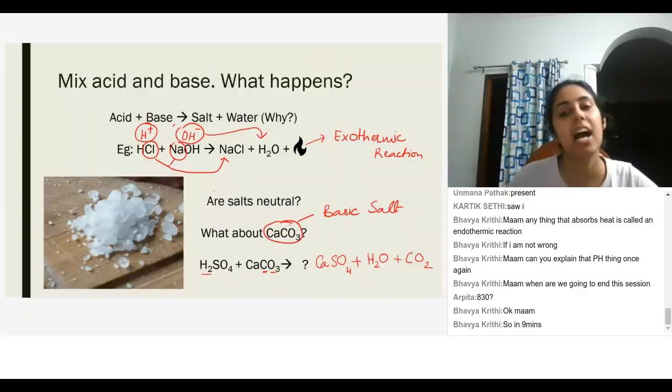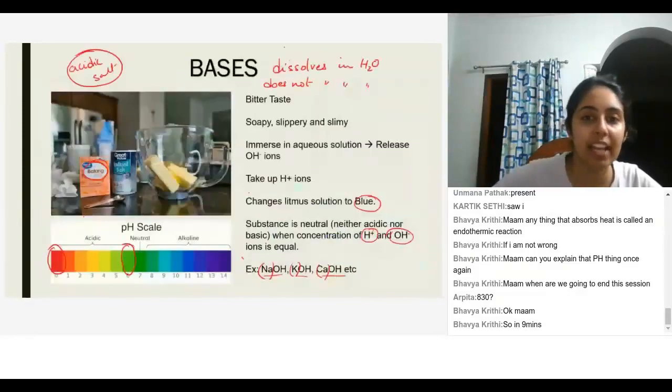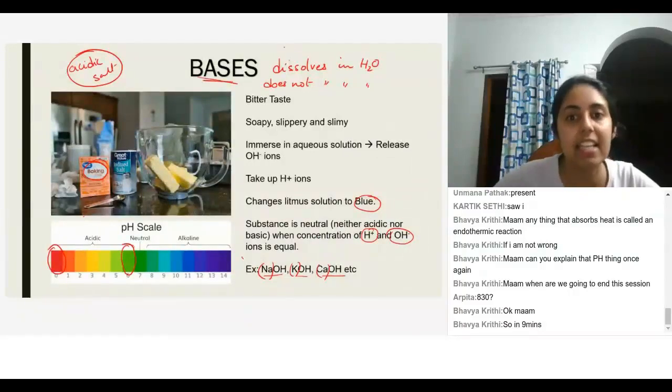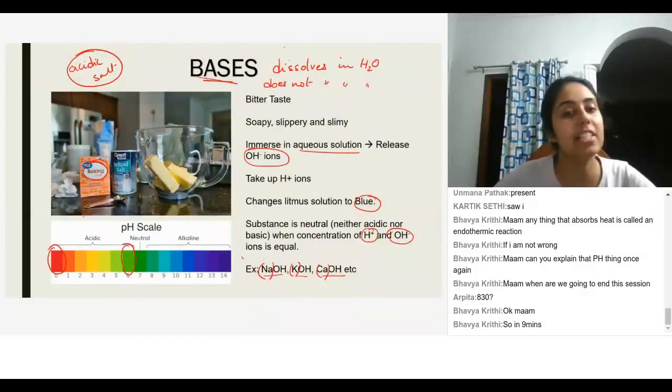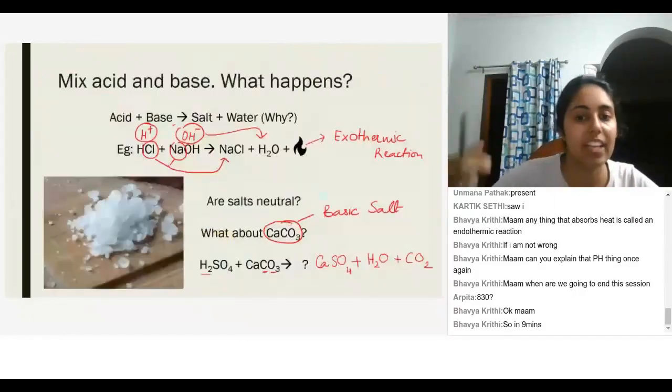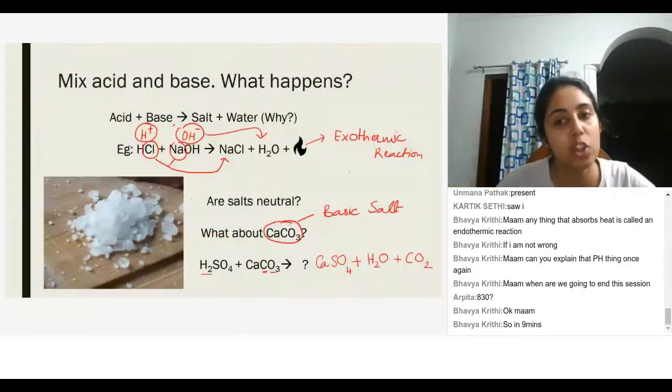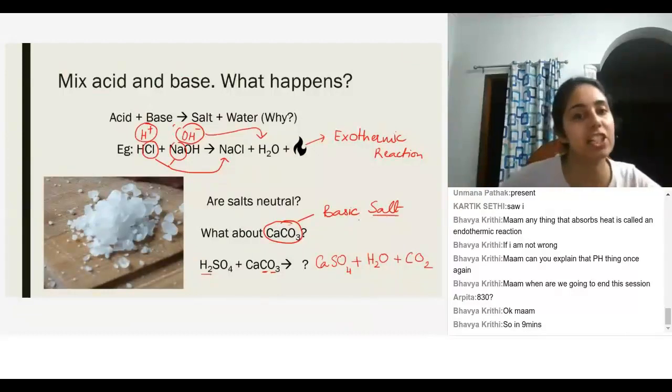Here's the thing. When you immerse bases in aqueous solution, they release OH minus ions if they dissolve, right? Over here, this is a salt which is basic in nature. It is not a base. It is a salt which is basic in nature.